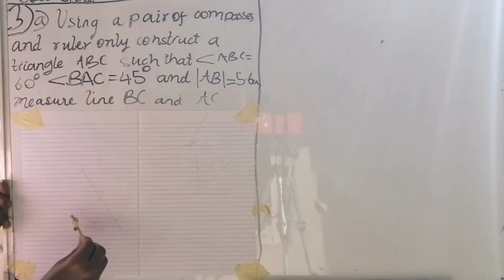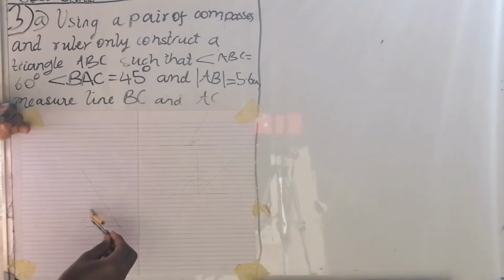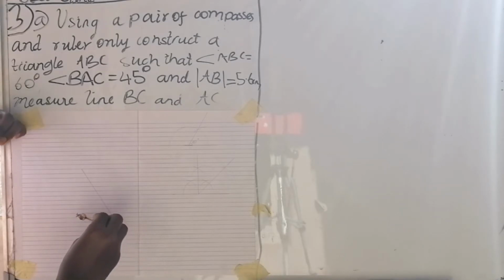I come over here, I draw. Good. Now that I have done this, I make sure I construct 90 degrees. That's just the basic thing. Make sure you construct 90 degrees.